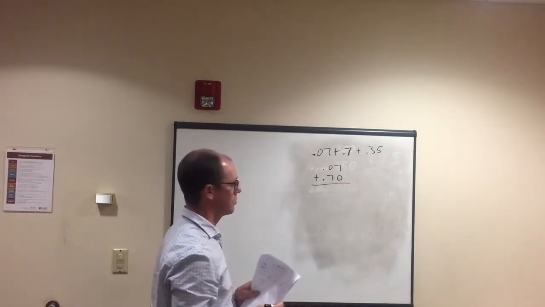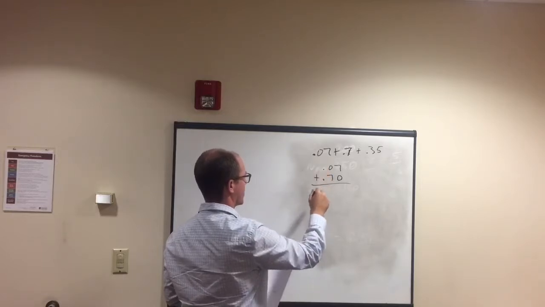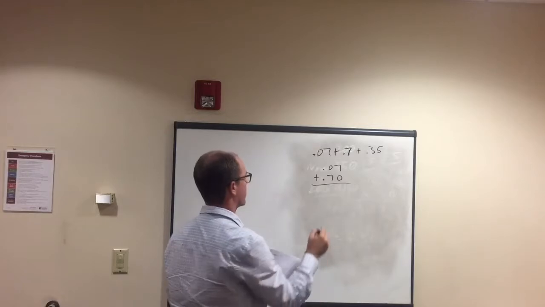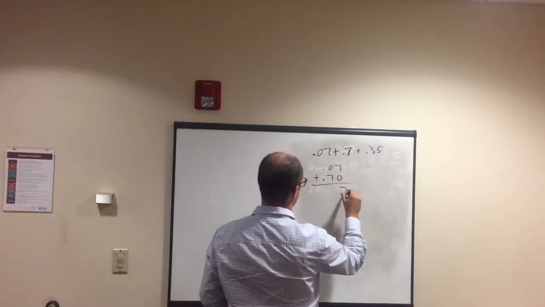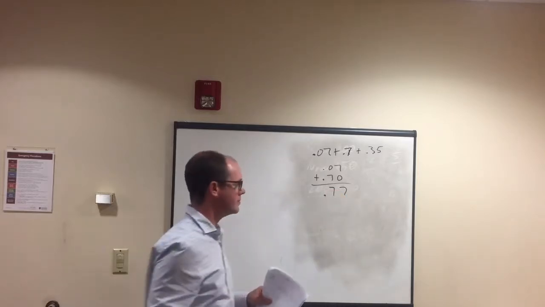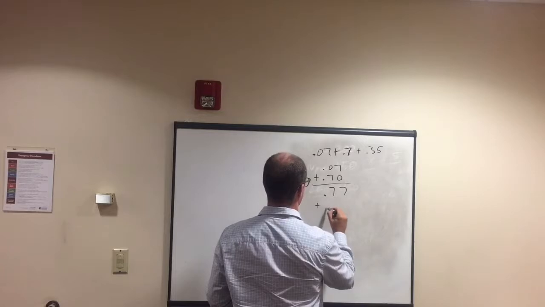So now we're good. Where people get into trouble is if they don't line up the decimal points correctly, right? And then they put a 0.7, add 7 together, and then you don't get the right answer. So in this one, 7 plus 0 is 7. Again, 0.77.